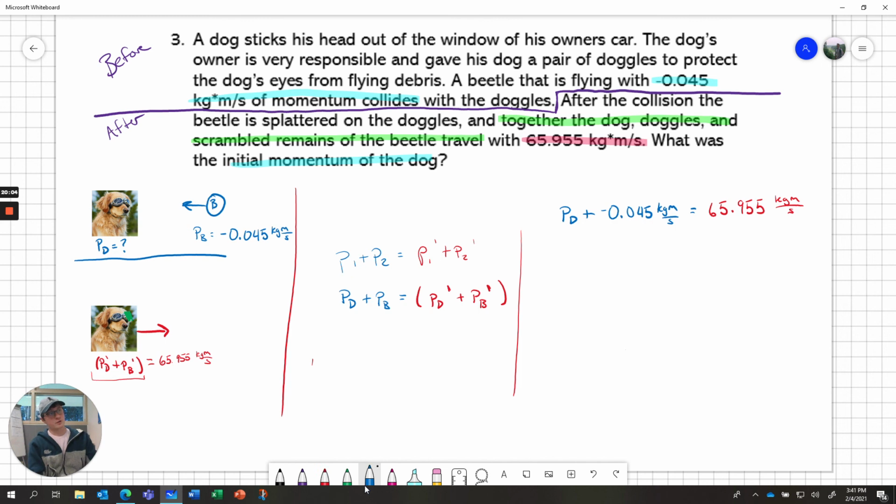It's a negative number, so I'm going to add it to both sides, because that will cancel it out. So this zeroes out, leaving momentum of dog by itself.